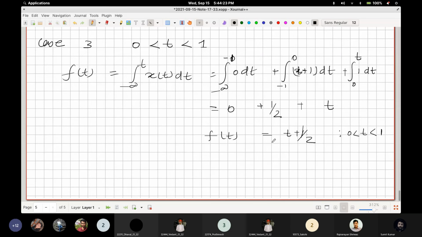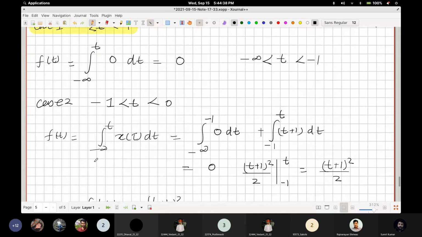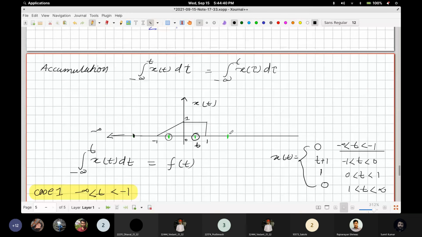This is the value of ft, for t between 0 and 1, right? And then we have to do case 4, when t is between 1 to infinity. Here your t is somewhere here, isn't it?